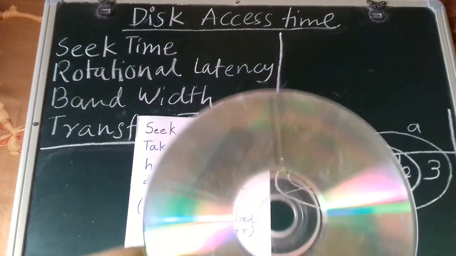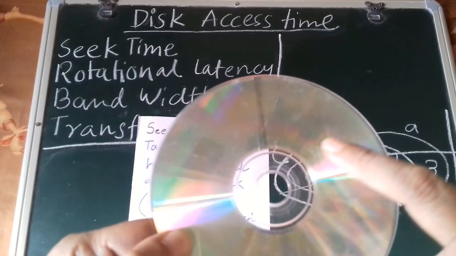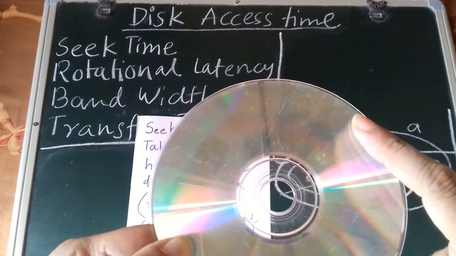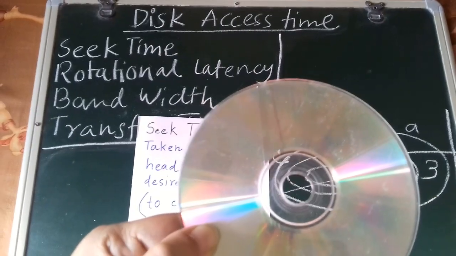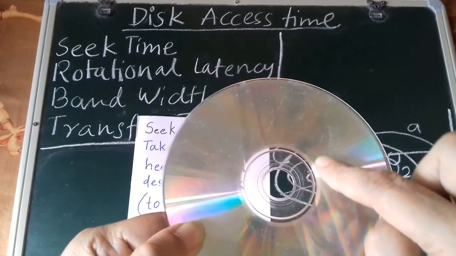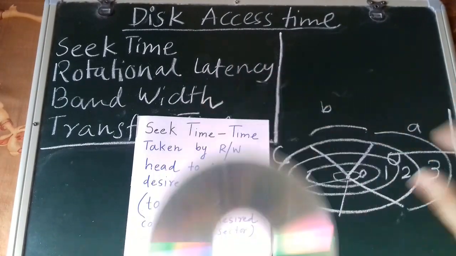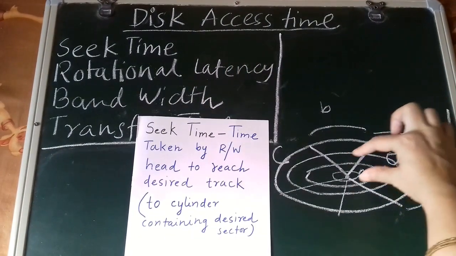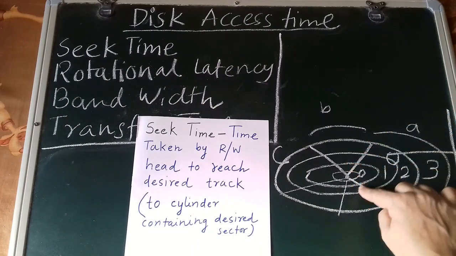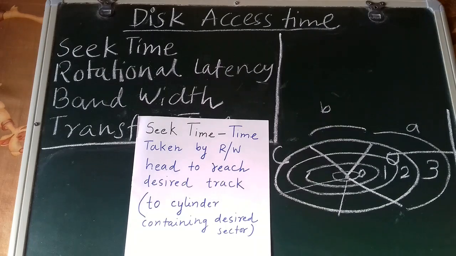According to the request coming from outside, the read-write head will be moving from one track to another. But the main thing is that read-write will happen track wise for a particular sector. Sector wise, first a fixed sector, then move from one track to another track.